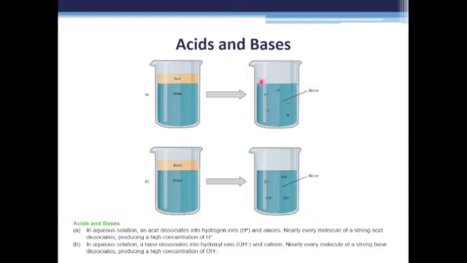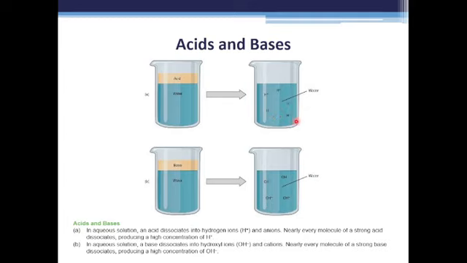So take note that acids are substances that release hydrogen ions when dissolved in water. For example, HCl, which we call hydrochloric acid. It dissociates into H plus and Cl minus ions.